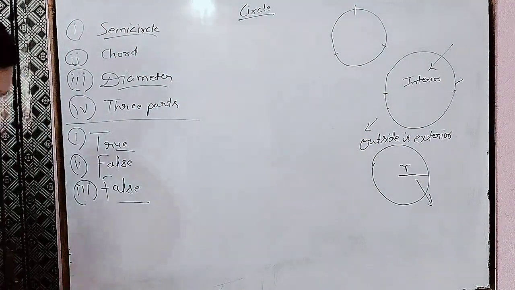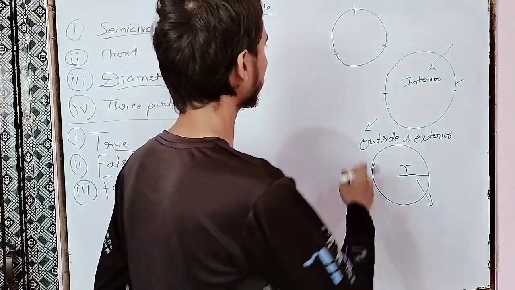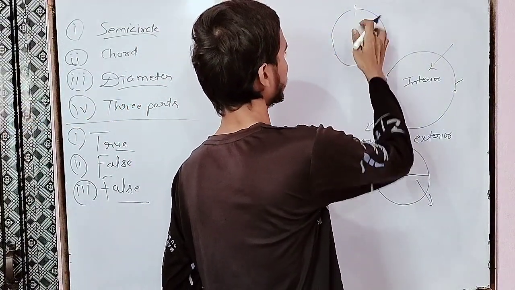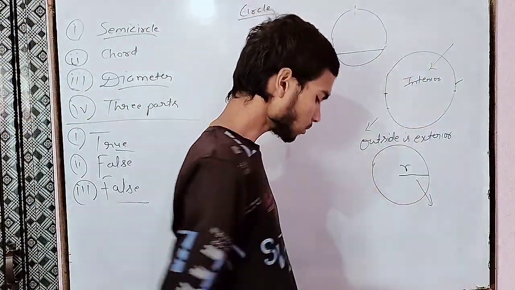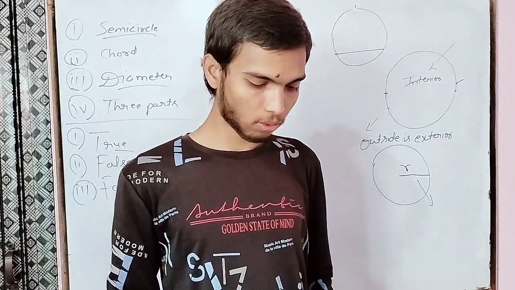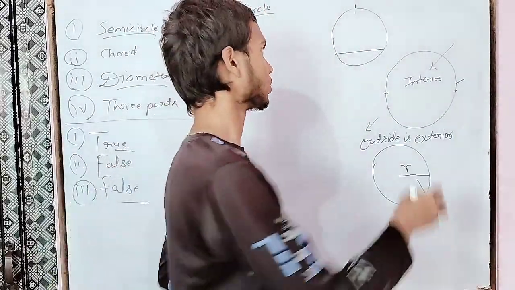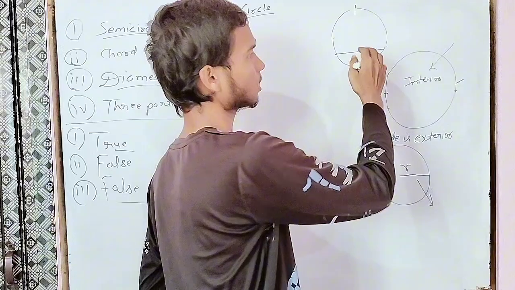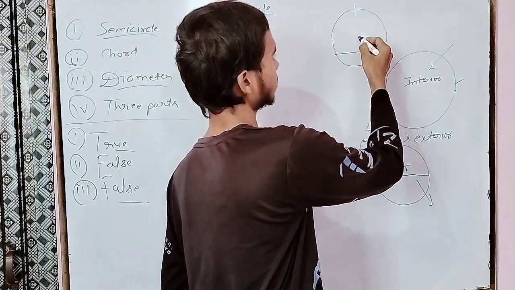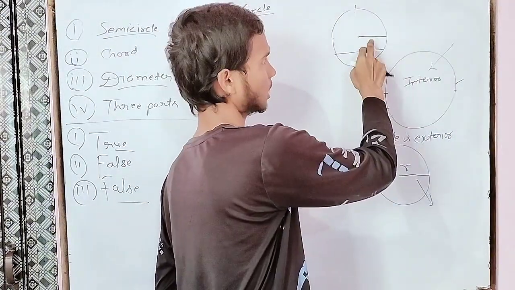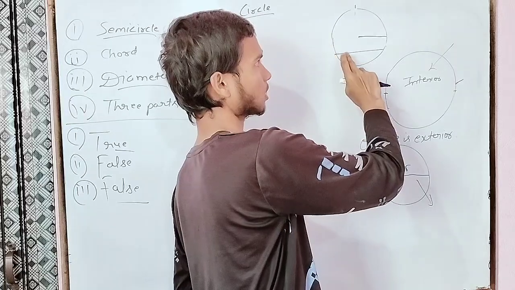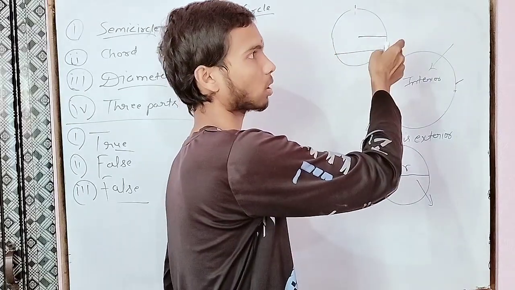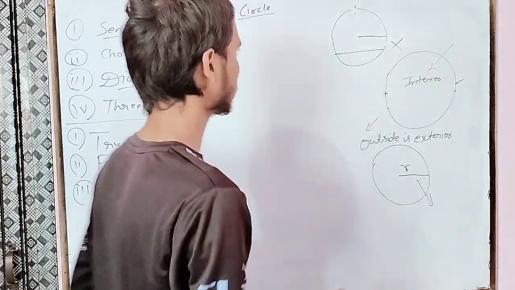Fourth is a chord of a circle which is twice as long as its radius. It is saying that this is twice the radius. So the radius is this, and this is twice, this is a chord. Suppose this is incorrect.